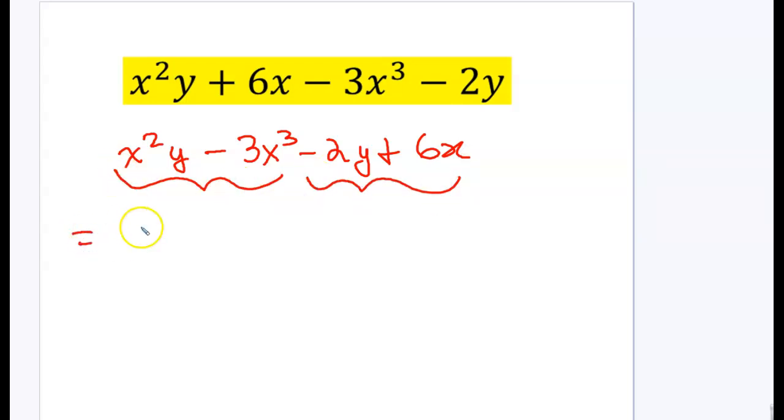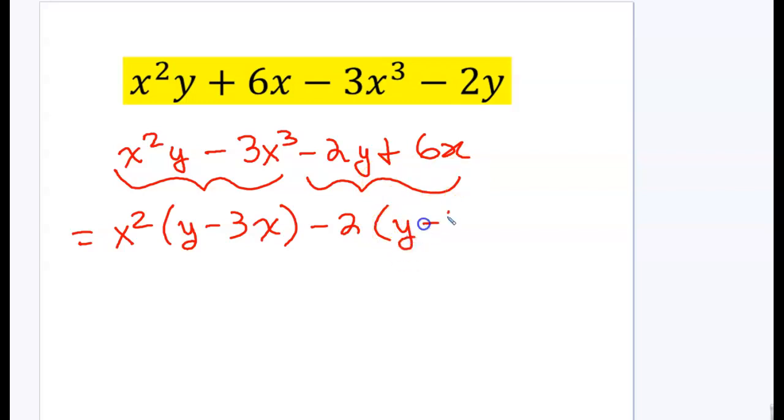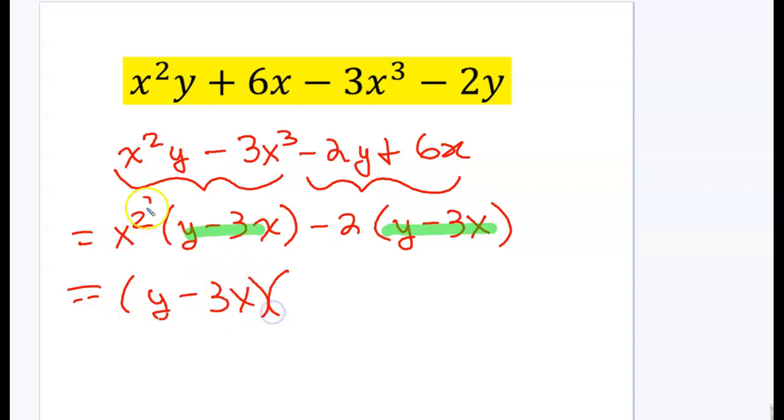So if I factor out x squared out of the first two terms, I'll be left with y minus 3x. And if I take a negative 2 out of the next two terms, I'll be left with y minus 3x. So again, these are going to be identical, so I can factor out a y minus 3x, and I'll be left with x squared minus 2 as my other factor.